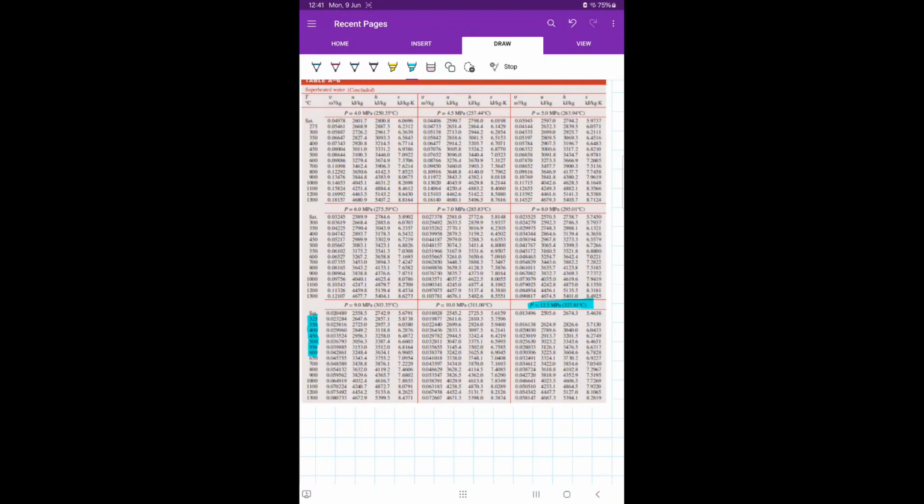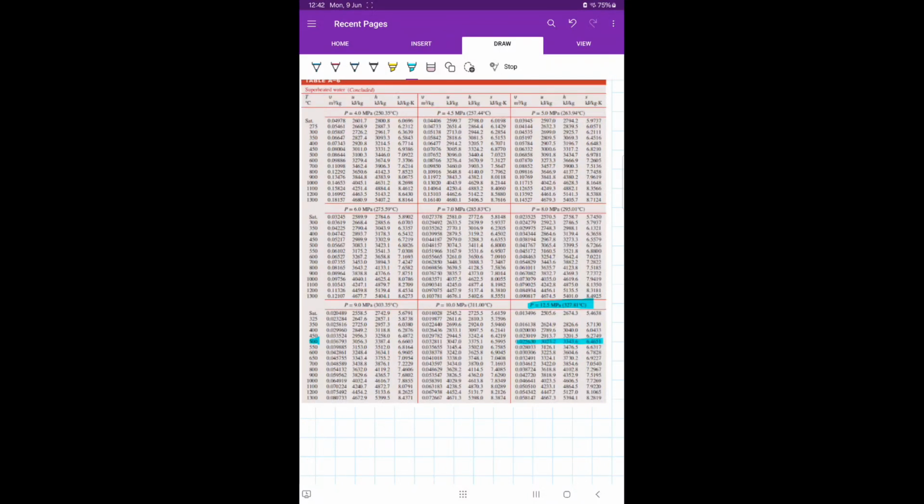But then to ease my calculation, I would choose a value that's already in the table without having to interpolate. Okay, so what I'm going to do is I'm going to choose 500. Okay, 500 degrees Celsius. So that would give me this as the properties.